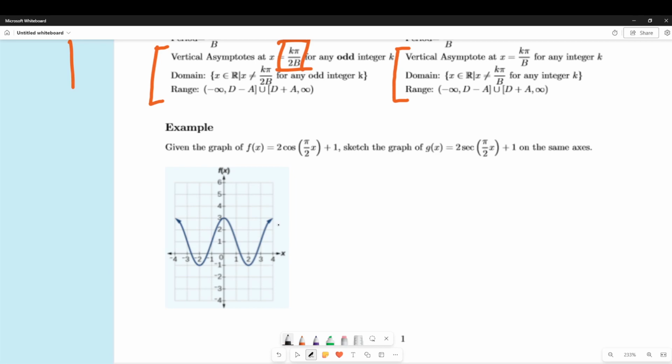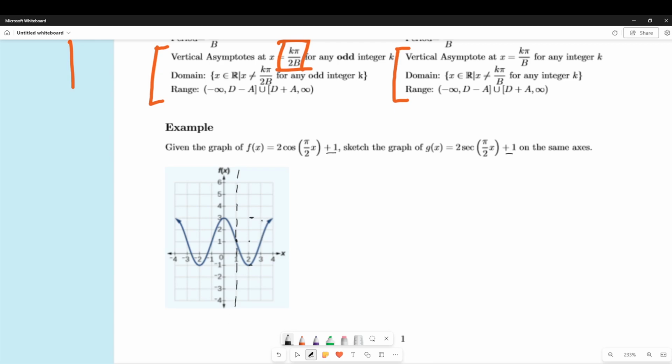Since this is what the cosine looked like, it's going from -1 to +3, so 1, 2, and 1, 2. So our midline is happening at 1. And again, we can see that our midline is happening at 1. So any place where we're crossing that midline, we're going to get vertical asymptotes.